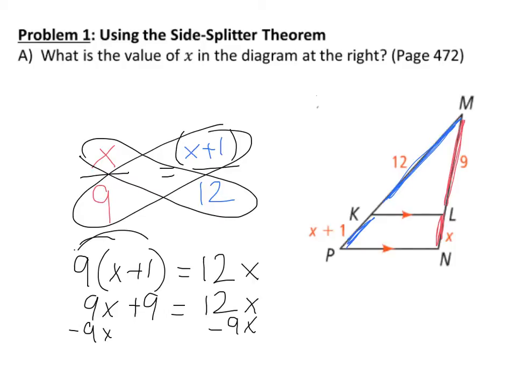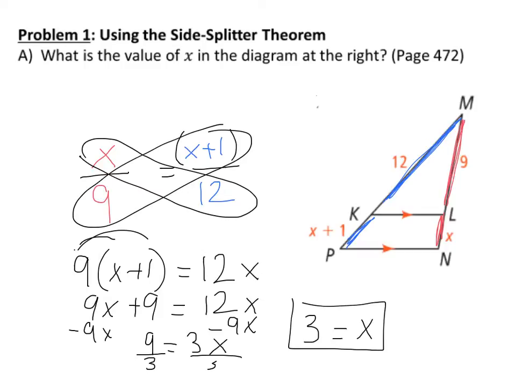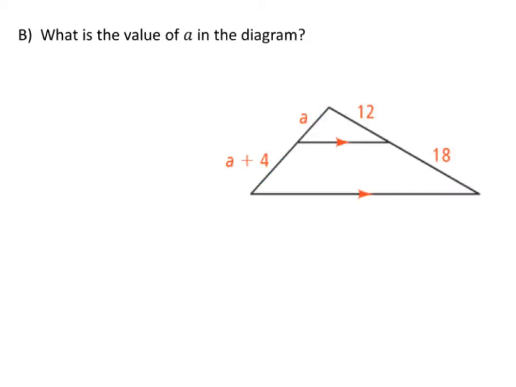So I'm going to subtract 9x from both sides. So now I have 9 equals 3x. Last, divide both sides by 3, and we get x equals 3. And that's it. Okay, so we'll come back to this one in class.